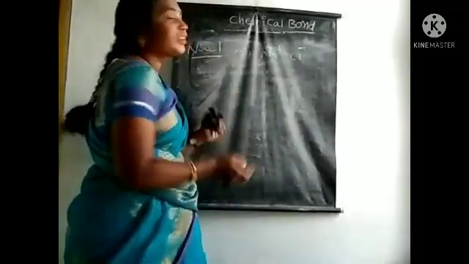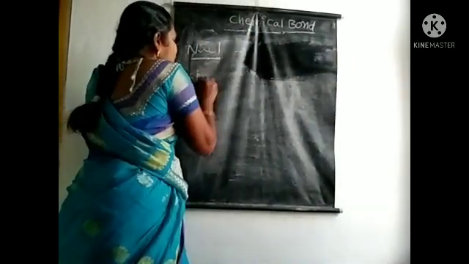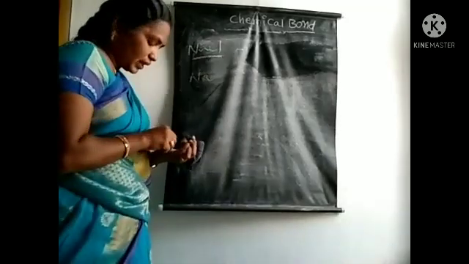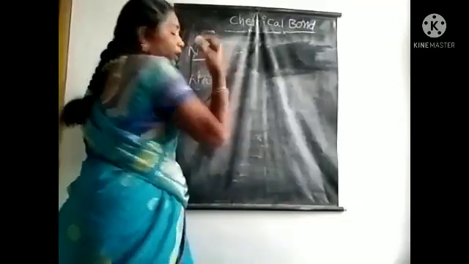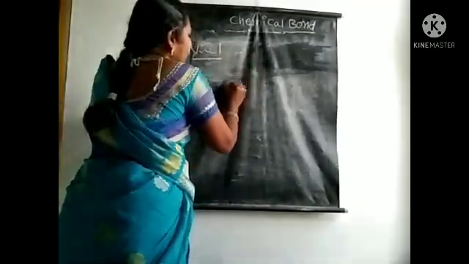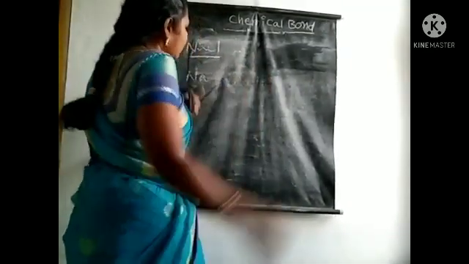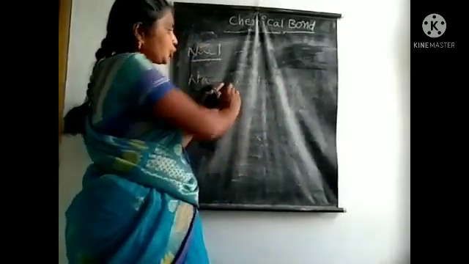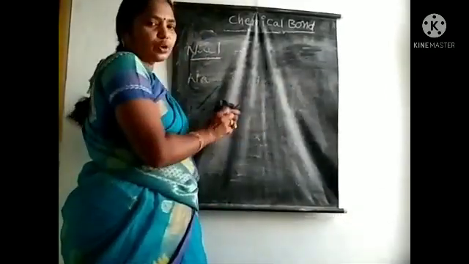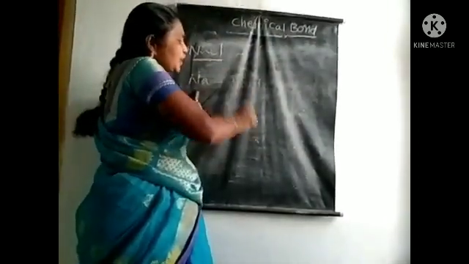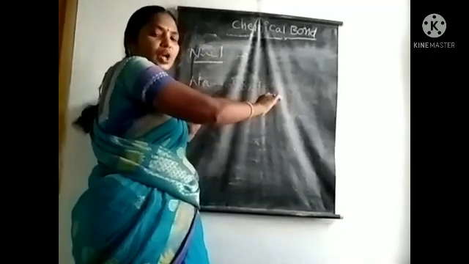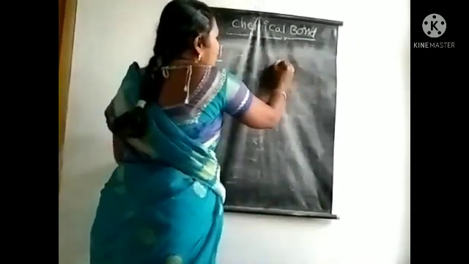Here you observe the formation of NaCl. Na, that means sodium. The electronic configuration of sodium is 2, 8, 1. Here sodium is ready to give one electron to chlorine.